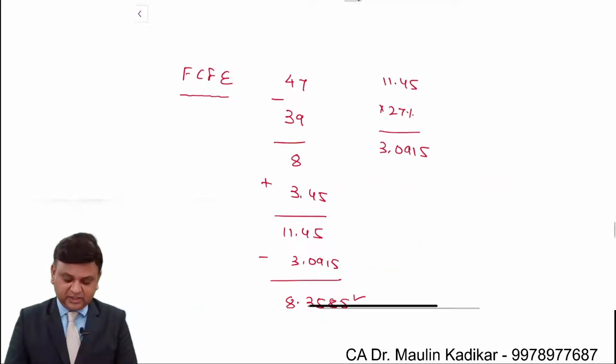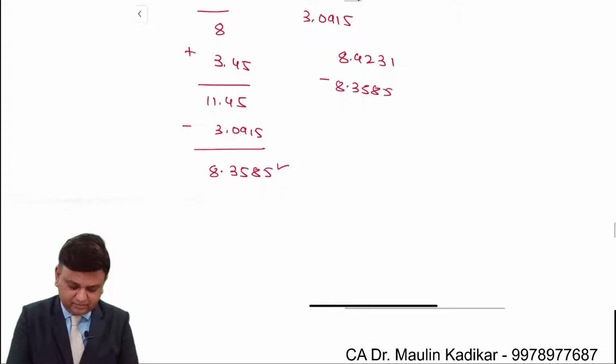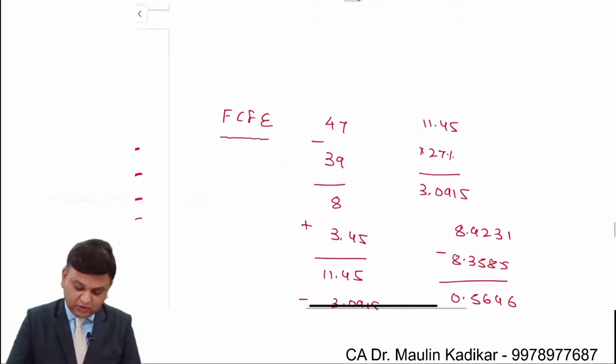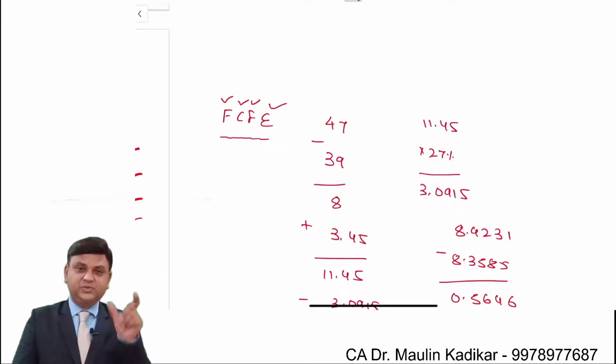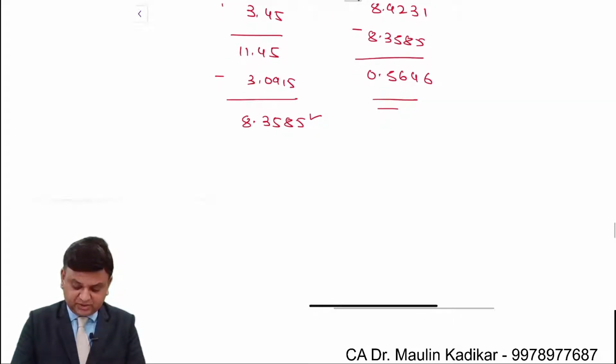That is 8.9231 minus 8.3585. So we understand that 0.5646 is given a technical name, the free cash flow for equity. Now this is of year 0.